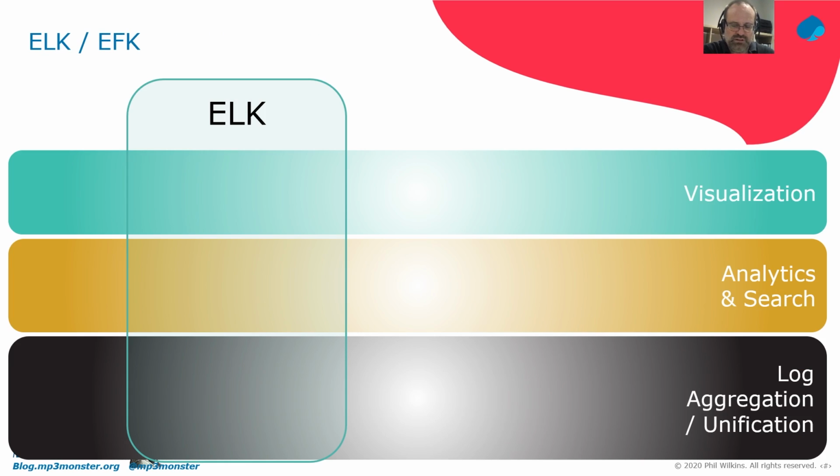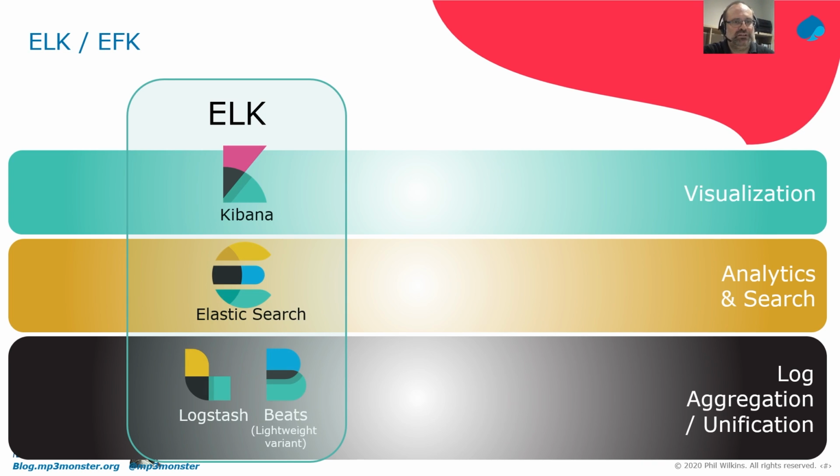You may well have heard, or most people, particularly those working in the sort of microservice world, will have heard of the ELK stack, or ELK. So that's Elasticsearch, that's Logstash, and Kibana together, and they fit into the capabilities this way.